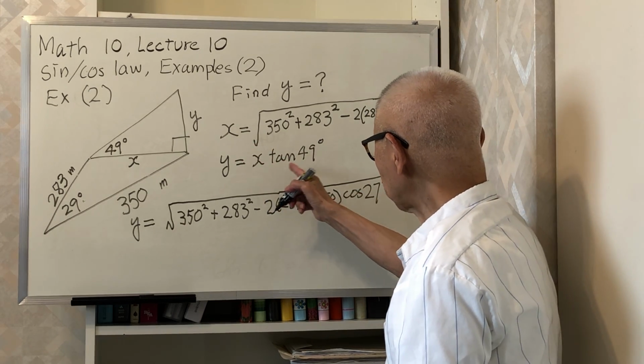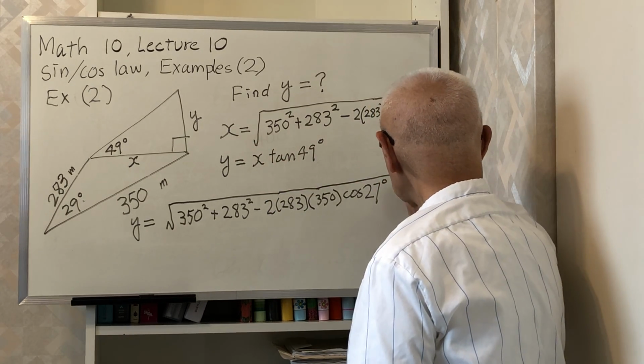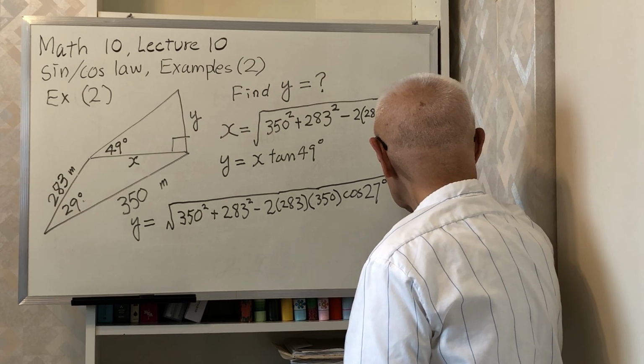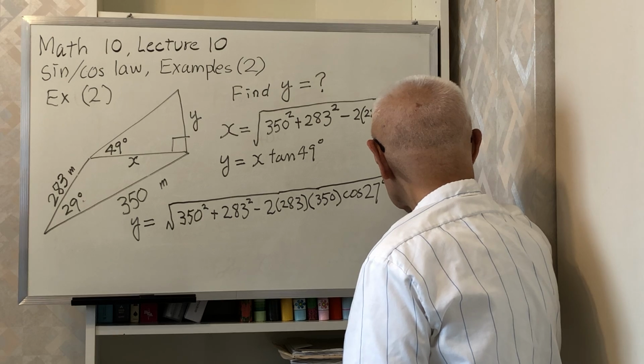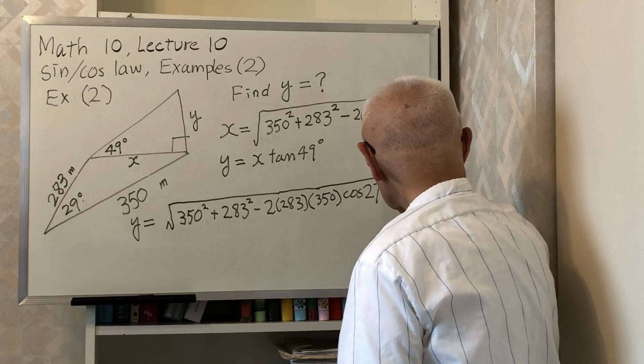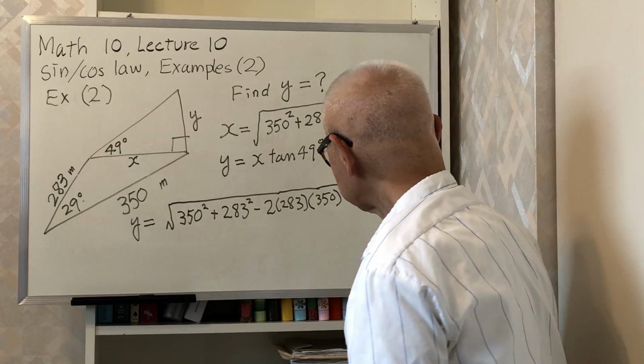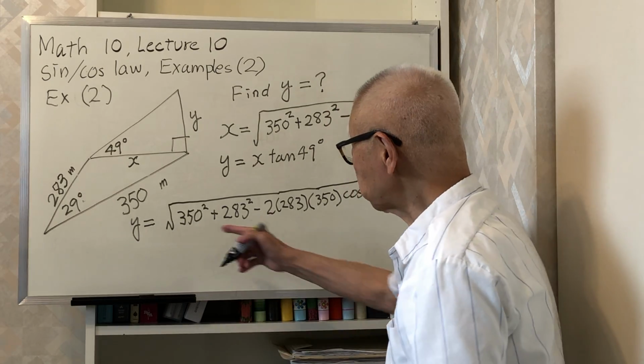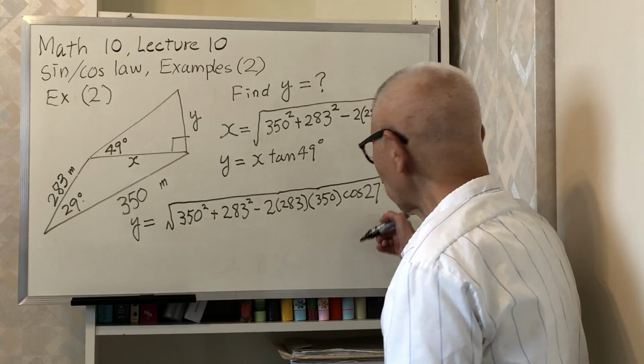Then multiply by tangent 49. And this gives my y. So use your calculator in one step. Be very careful. How do you do this in one step?